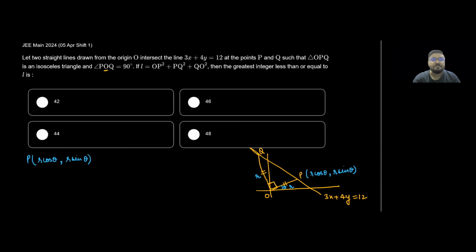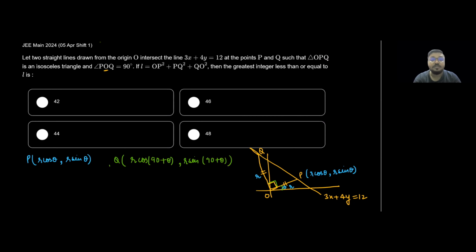Now if you see, the angle made by OQ with the positive x-axis will be 90 plus theta. So point Q we can write as, again the starting point is origin and the distance from O to Q is R. So that will be R cos(90 plus theta), comma R sin(90 plus theta).